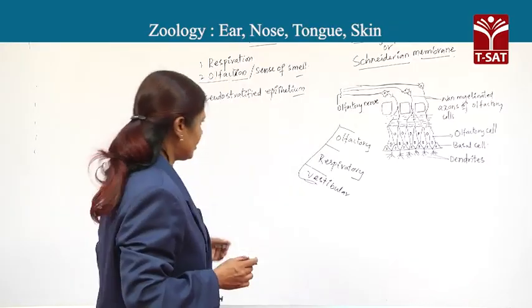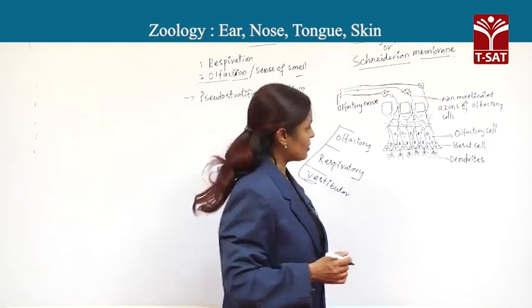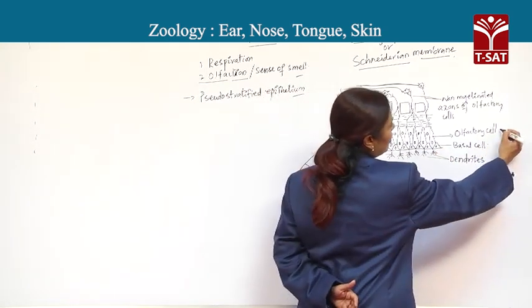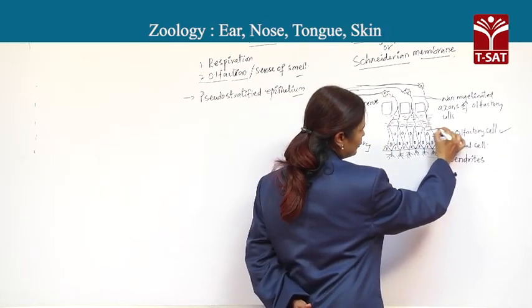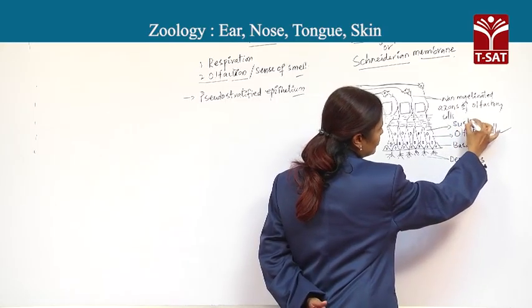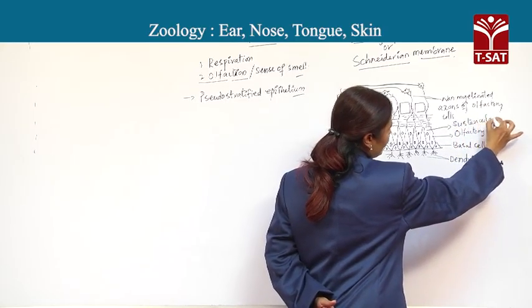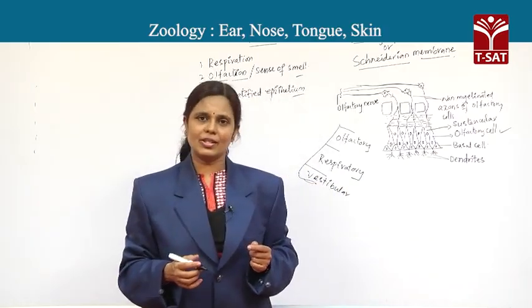Now this epithelium in fact is made of three different types of cells. What are they? Number one, olfactory sensory cells, number two, sustentacular cells, otherwise called supporting cells, and number three, basal cells.